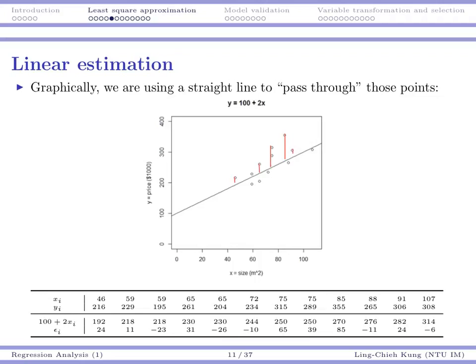Ideally, this line should be moved upwards a little bit, so that those overestimation errors and underestimation errors seem to be close to each other. Then that should somehow minimize the overall estimation error. So the graph can help us get this intuition, and that motivates us to look at some other lines.